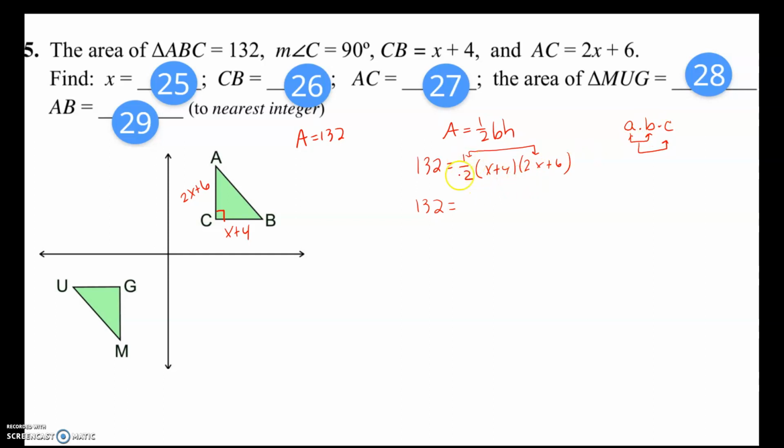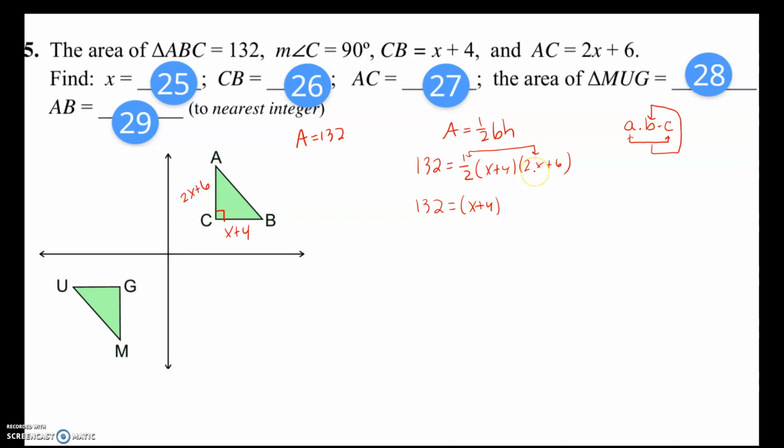So it's the same idea here. I'm just going to take 1/2, that's one term, x plus 4, that's another term, and 2x plus 6, that's another term. So what I'm doing is I'm basically doing A times C, whatever I get there, then I'm going to multiply that by my B. Okay, so that's what I'm doing here. So 1/2, my x plus 4 is going to stay there.